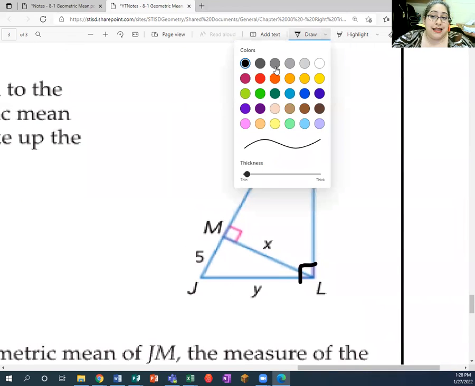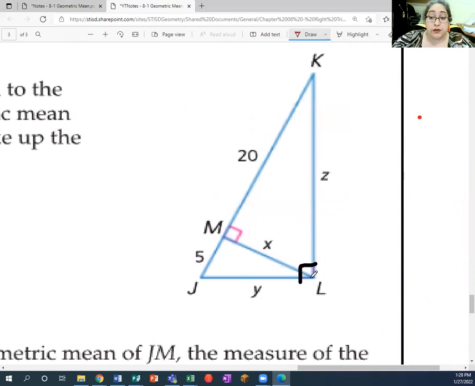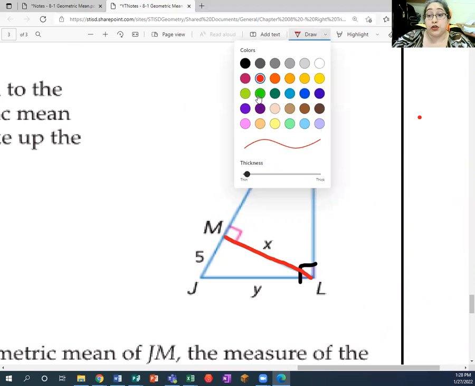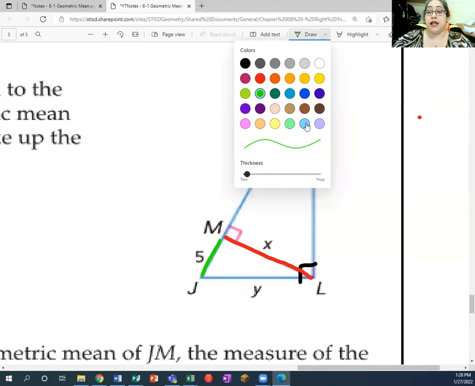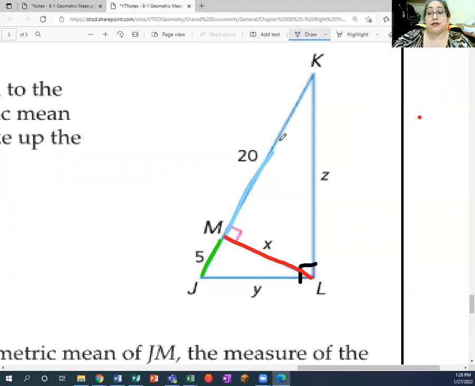X looks like it's the altitude of this particular right triangle. And so I'm going to use the geometric mean with the altitude. What that said is that this altitude is the geometric mean between this piece of the hypotenuse and this piece of the hypotenuse.